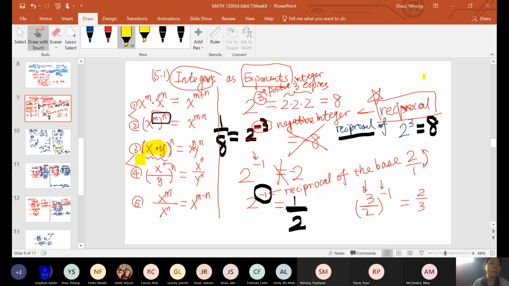It indicates that you will raise each of them to the exponent, because this n means n copies. You've got to do n copies of both x and n copies of y. Everything inside parentheses needs to have n copies. So that's why we raise x to the nth and y to the nth.